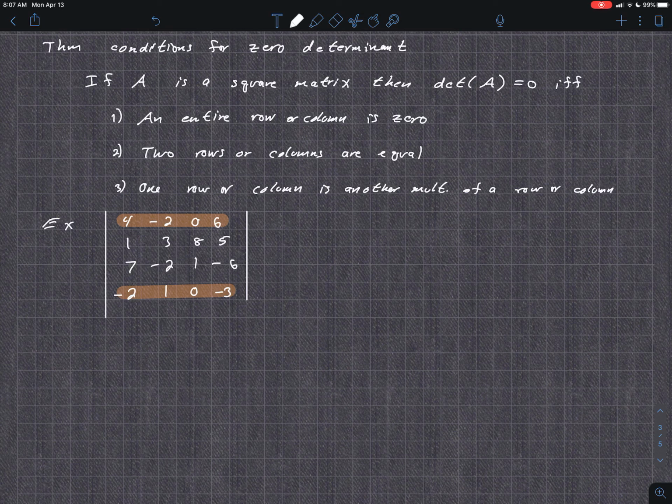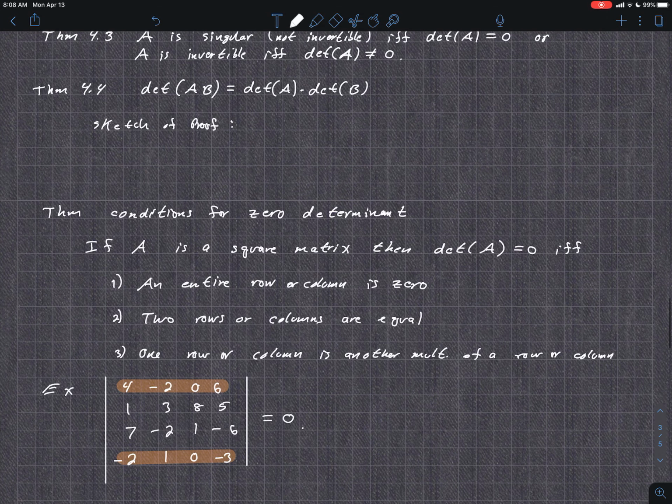So basically all you'd have to do is factor out the scalar multiple, and then you end up with two rows that are the same, which makes sense. If you see that, then you know the determinant has to be 0.